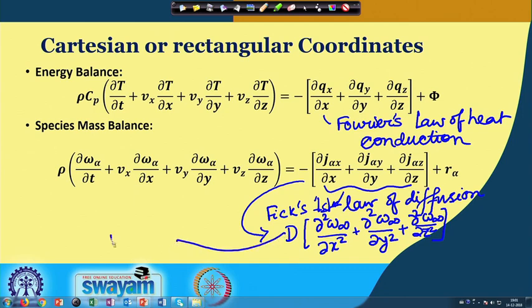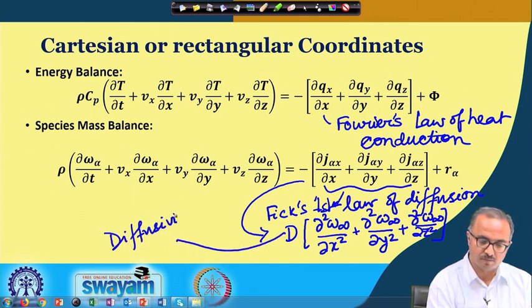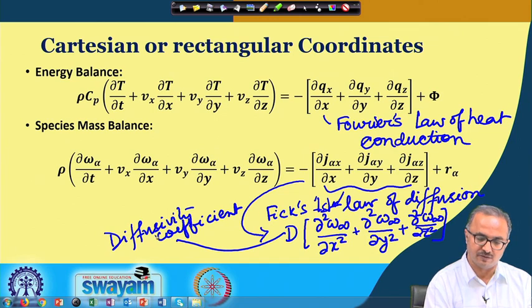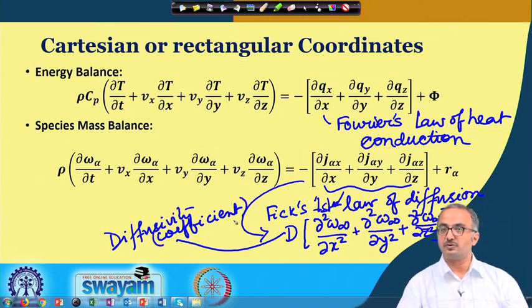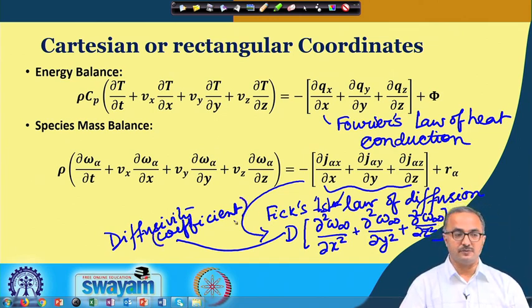This is the diffusivity coefficient, or simply diffusivity. You can call it diffusivity coefficient, diffusion coefficient, or simply diffusivity.